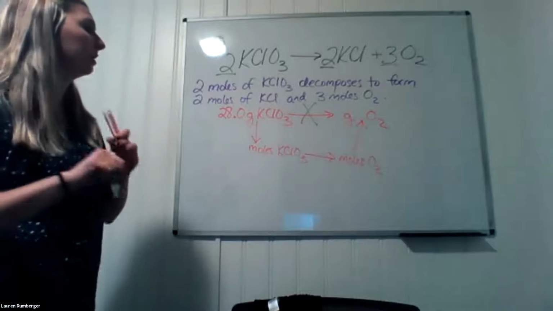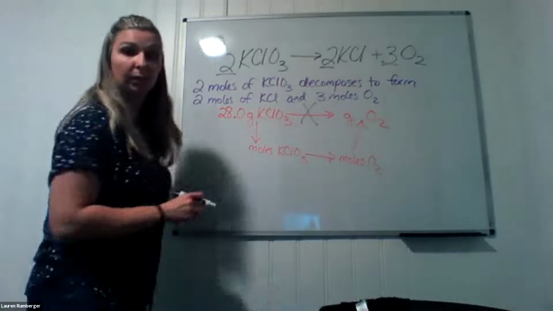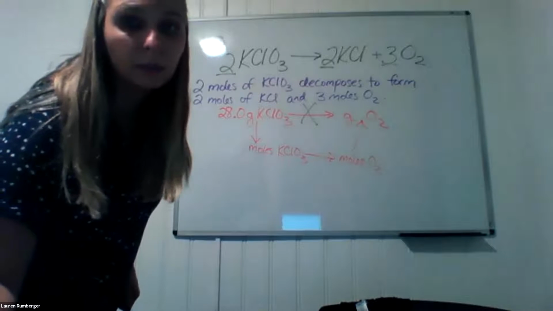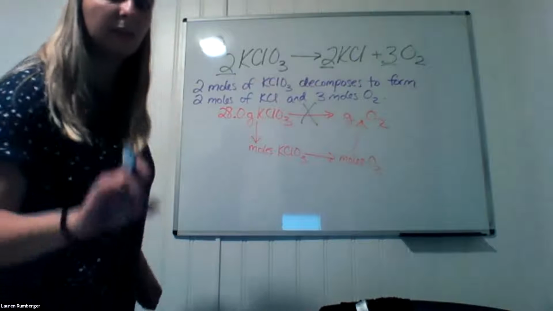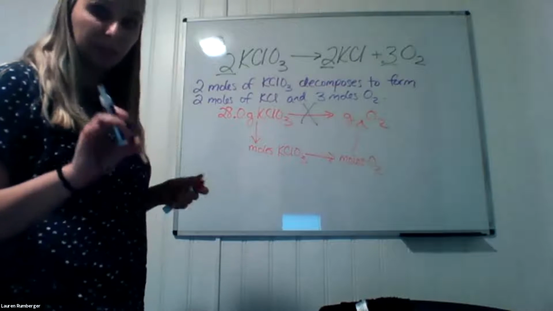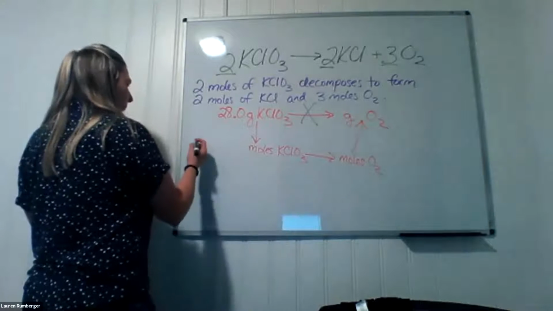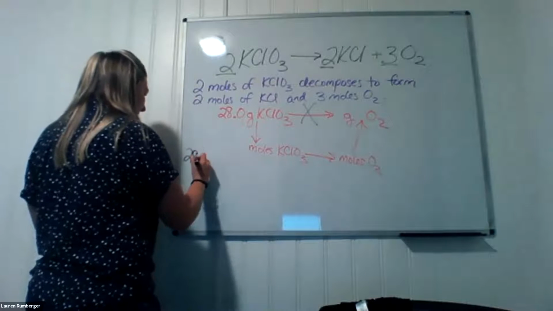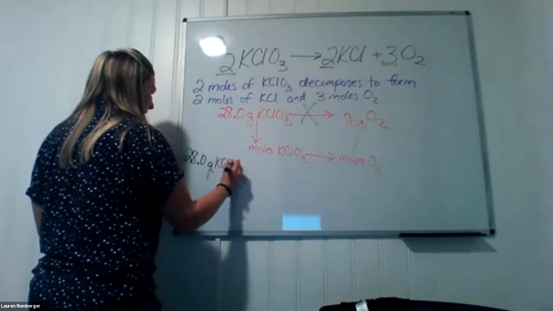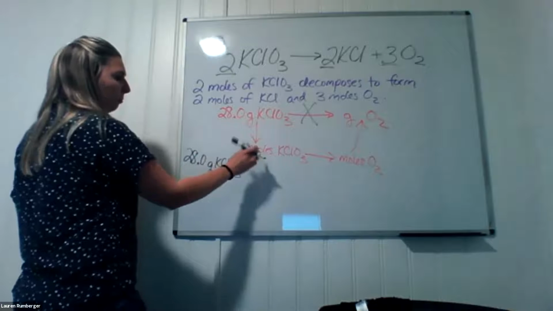Okay, so let's begin writing this out. Is the molar mass given, or do I have to calculate it? The molar mass of potassium chlorate is not given in this case, but that's okay, we can calculate it. So we're beginning with our starting point, 28.0 grams of KClO3. Our first step is to convert to moles.